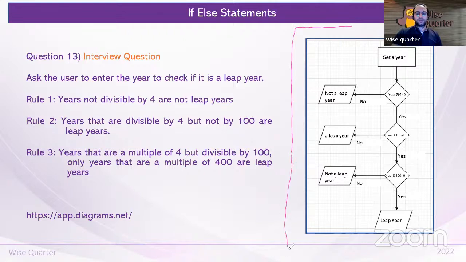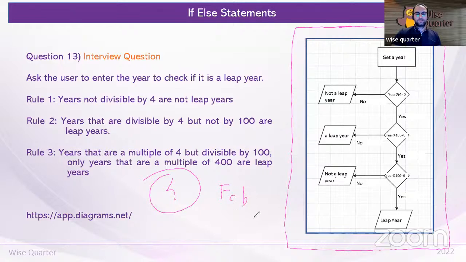There are a few conditions we do not know about the leap year. Yes, you know, every 4 years we have another day in February. The ending day is 29.